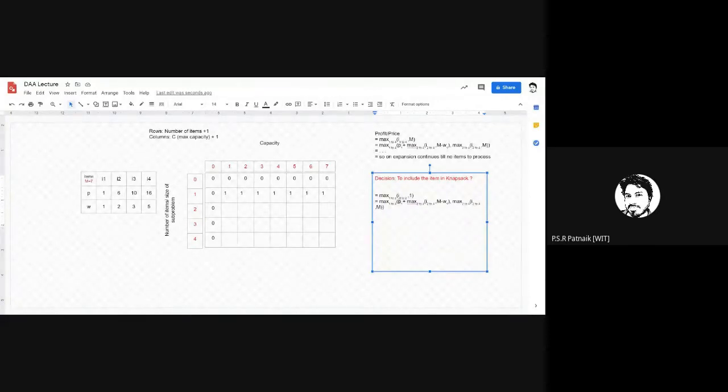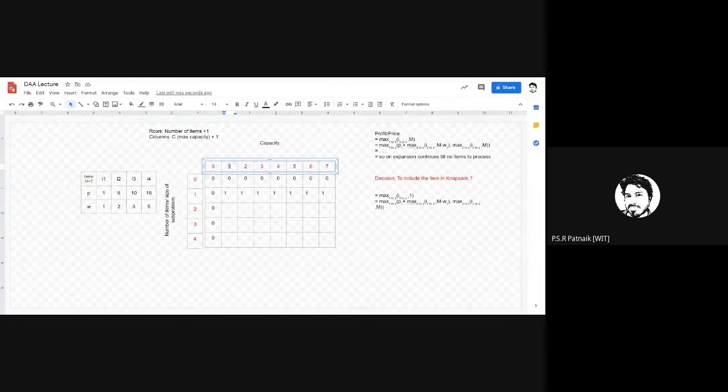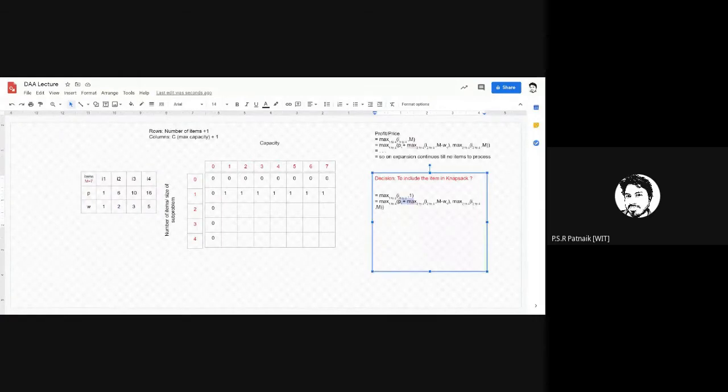When would you include this item in the sack? If the weight of this item can be permitted in the sack capacity. No, I cannot include it, because the sack capacity is 1 and the weight of this object is 2, so I cannot include it. So this entire branch will vanish. I cannot include this, right?